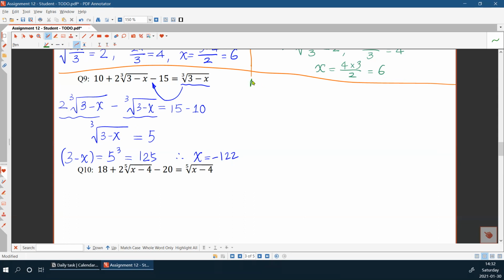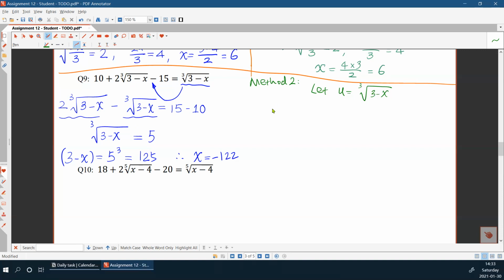And again, we always have an alternative method. If the first method is not too obvious to you, you can use a letter u to substitute all the terms on the left-hand side that are not very comfortable. For example, we can let u equal cube root of 3 minus x.